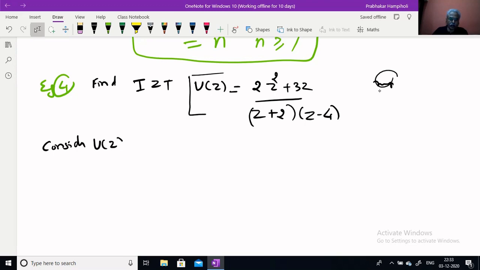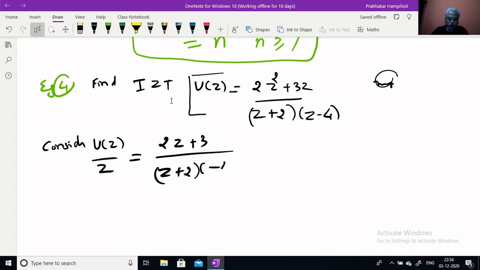Second step is u of z upon z equal to, if you take one z common and transfer it to the left hand side, this becomes 2z plus 3 whole divided by z plus 2, z minus 4. Now all of us know that the partial fraction of this is A upon the first factor, suppose I take z plus 2, and B upon the second factor, I take z minus 4.